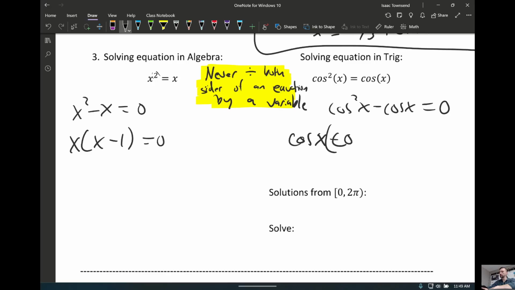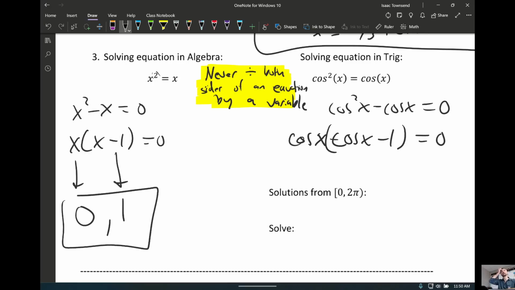This problem, the factoring was GCF. Set this factor equal to 0 and solve. Set this factor equal to 0 and solve. In algebra, you'd be finished because you know what x equals. For us, we need to set cosine x equal to 0. That one's already solved. And set cosine x minus 1 equal to 0 and solve by adding the 1 over.